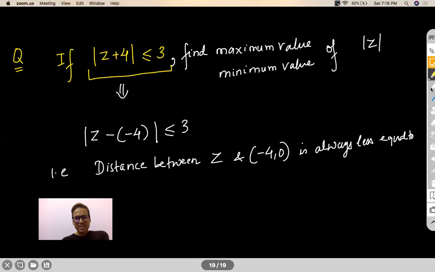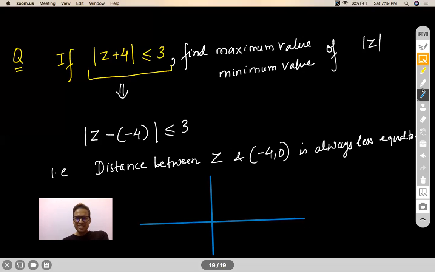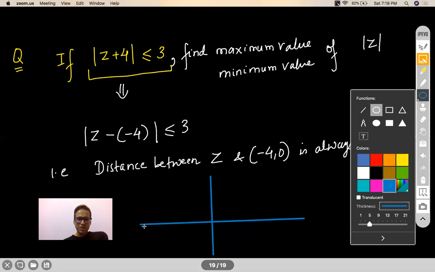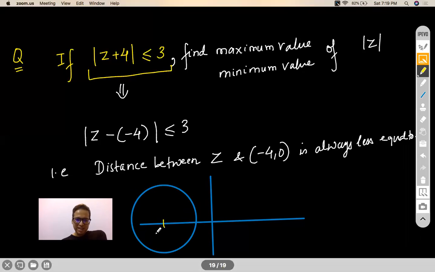Does it ring a bell in your mind? If still not, then basically it says if you consider a circle whose center is at -4, and radius is 3, then your z lies within the circle. If this image is getting built in your mind, then think you are on the right track.